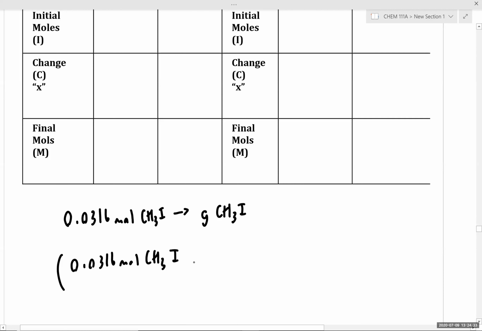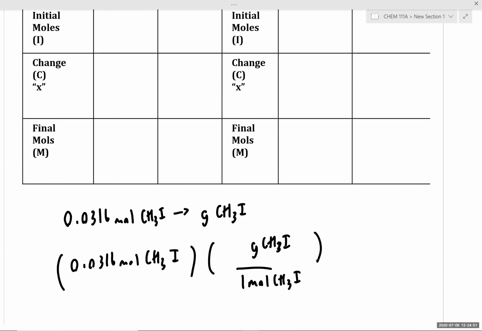And we can just execute on that mole to mass conversion using our molar mass. So how many grams of methyl iodide are present in 1 mole of methyl iodide? What is our mass to mole ratio?